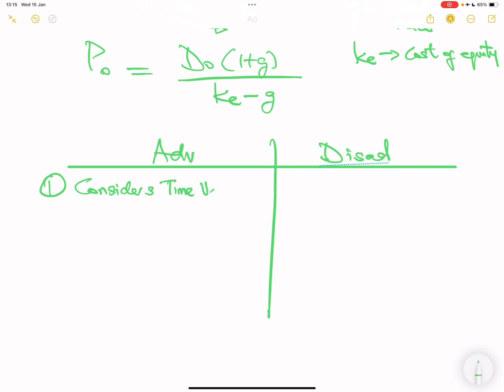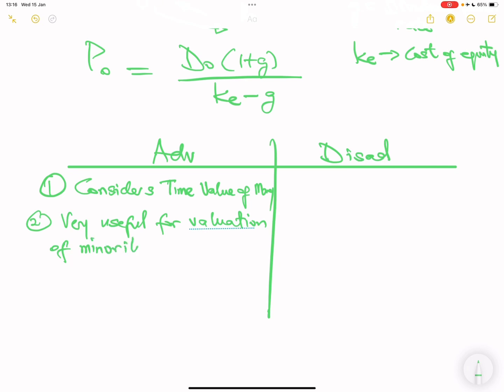Likewise, it's very useful for valuation of minority stake, and I will tell you why.